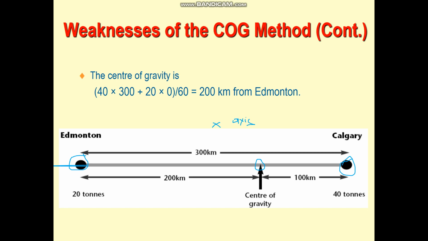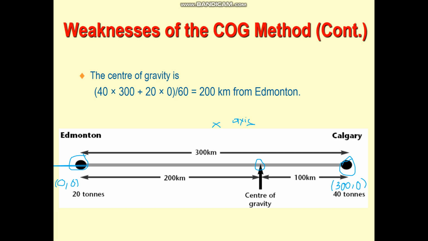So we will have Edmonton at 0, 0, right? And Calgary at 300, 0. We don't consider the y-axis. So here are the coordinates of Edmonton and Calgary.